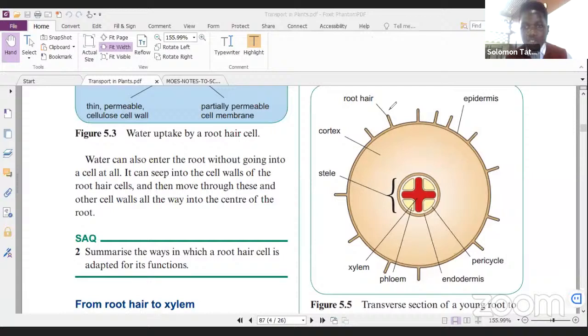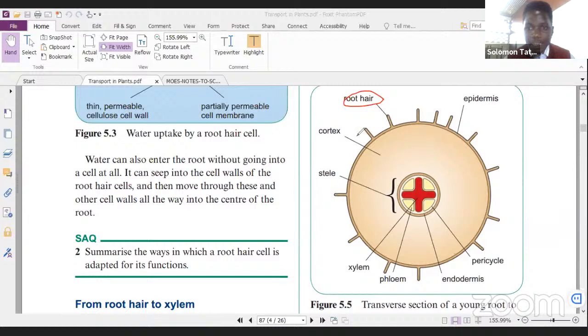So you have to pay attention to it, and you have to know to differentiate between the transverse section through a root and a stem. Sometimes you can easily confuse them. So here we have a root hair. The moment you see a root hair, you just know you're dealing with a root. That is a trick that you should always use.